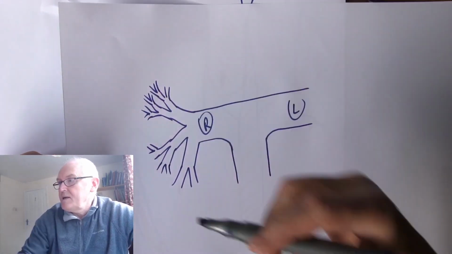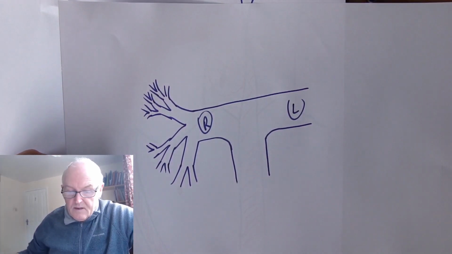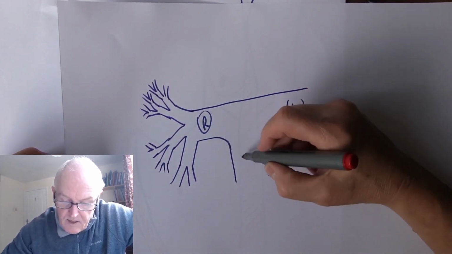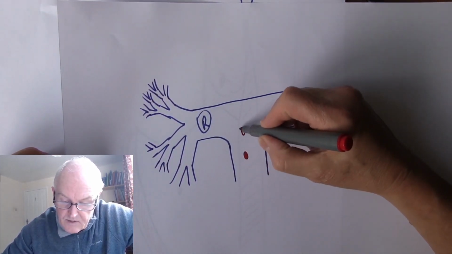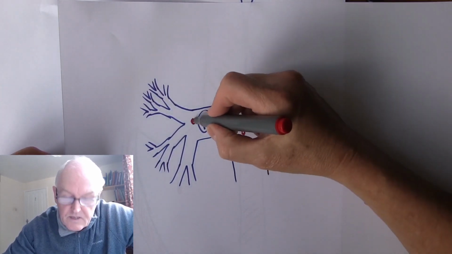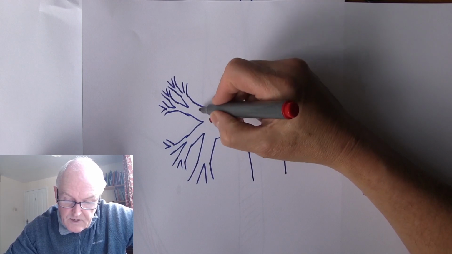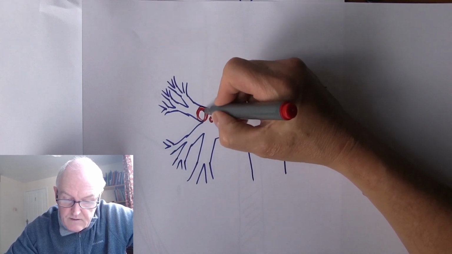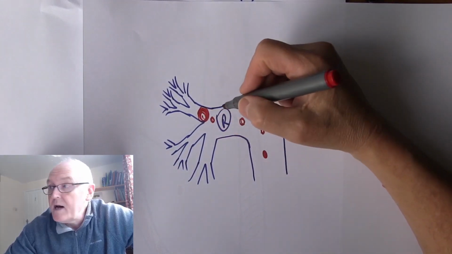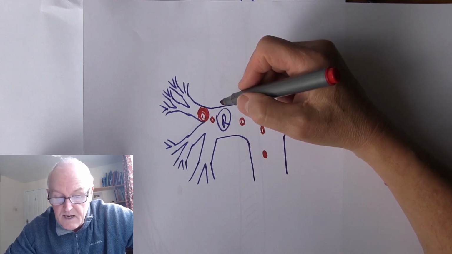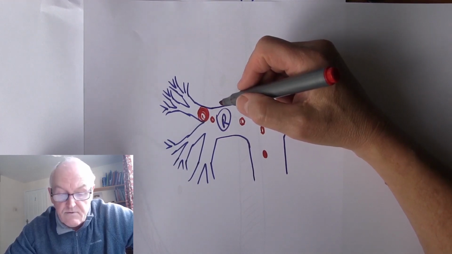And what will happen here, as you see here, as an embolus comes up here, it's going to now start going into progressively smaller vessels. So if it's that size, it will lodge at that level there, maybe at the level of a lobar artery.